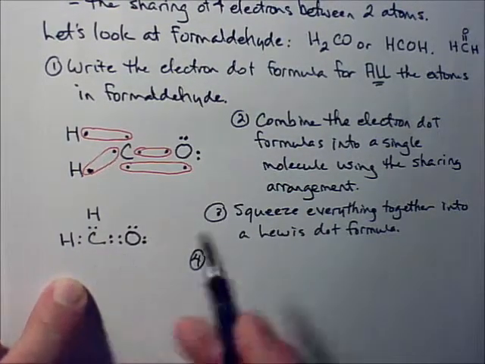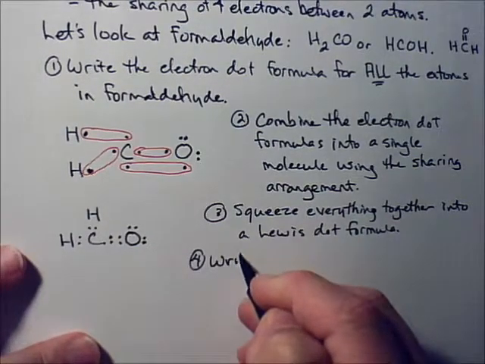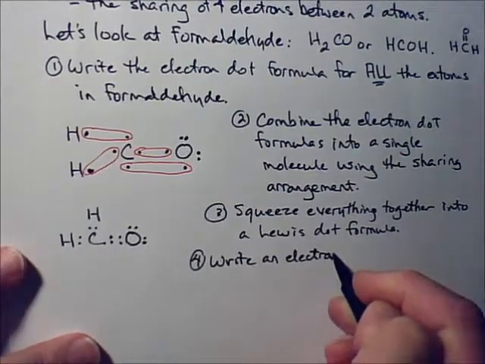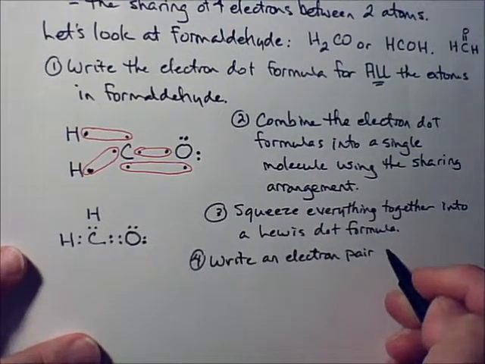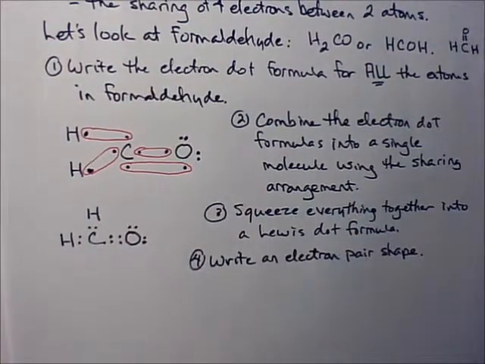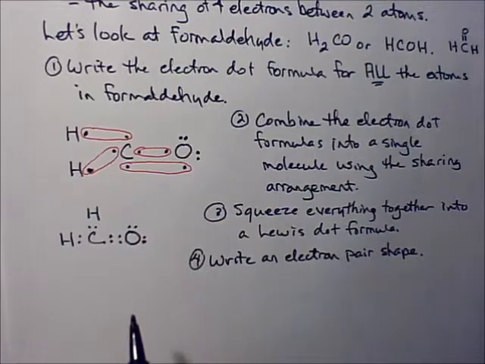All right, so we're going to write what I call an electron pair shape. An electron pair shape is always a three-dimensional shape that gets electrons arranged such that the sets of electrons are as far apart as possible.